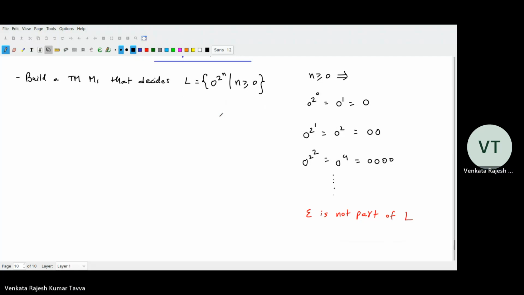Log to the base 2. Okay. But log to the base 2 is basically what? Can you break it into some other operation? It's not just log to the base 2. Log to the base of that number will be an integer.